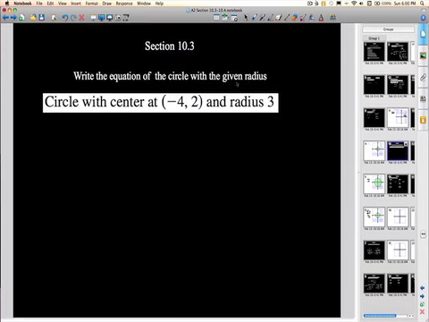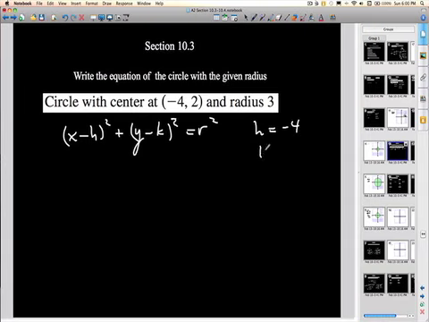If I want to write the equation of a circle, I can take this information and I can also plug it into the formula, which is, of course, (x minus h) squared plus (y minus k) squared equals r squared. So in this particular problem, h is equal to -4, k is equal to 2, that comes out of my center.